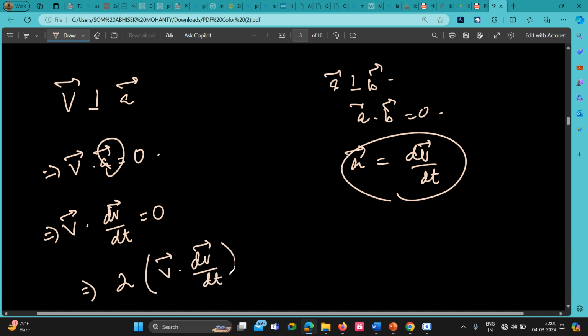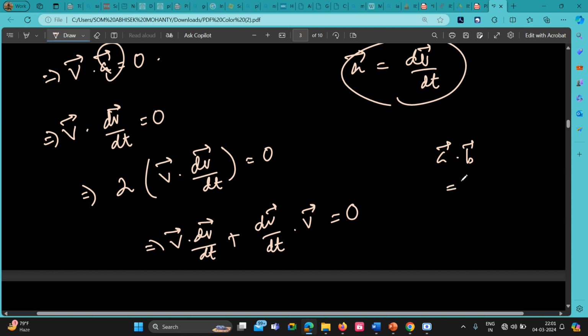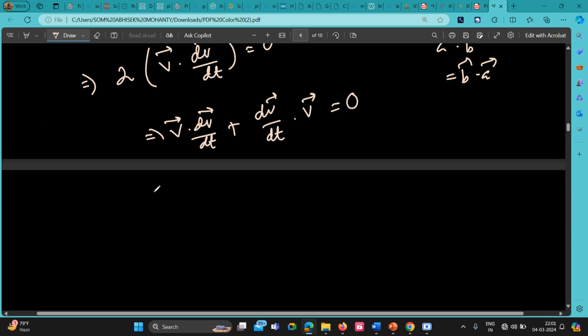I can write it as v dot dv by dt plus dv by dt dot v, because the dot product is commutative, A dot B is equal to B dot A. The addition of these two is 2 v dot dv by dt, equal to 0.